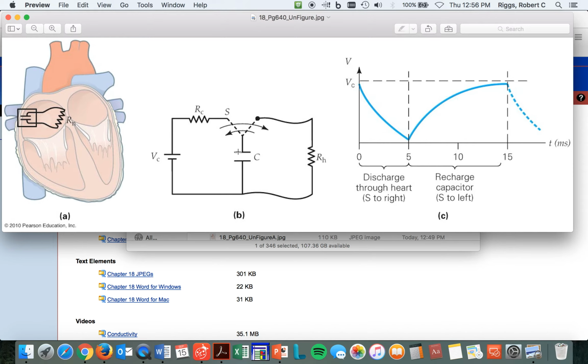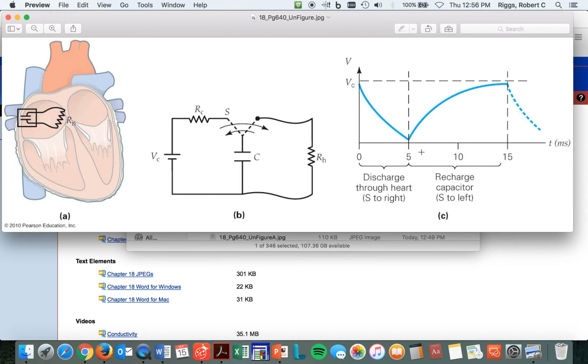So we charge it, and then discharge to the heart. Okay. Recharge the capacitor, which is the left thing, so it's got a smaller resistance, so that it will charge up fast. So a lot more voltage, a lot more current will flow through there. So it charges up, then all right. Now it discharges rather quickly, within a few milliseconds.